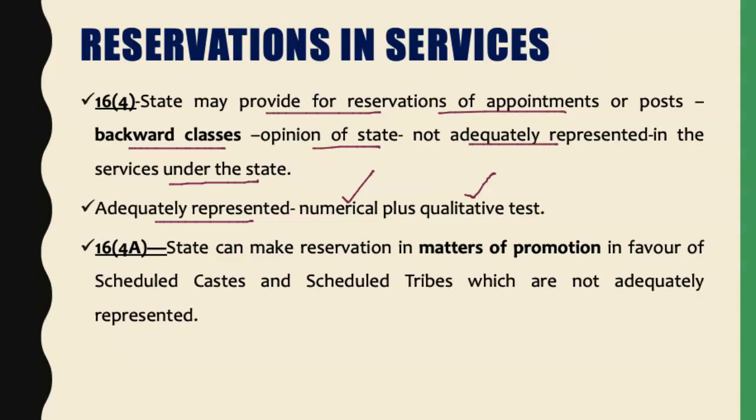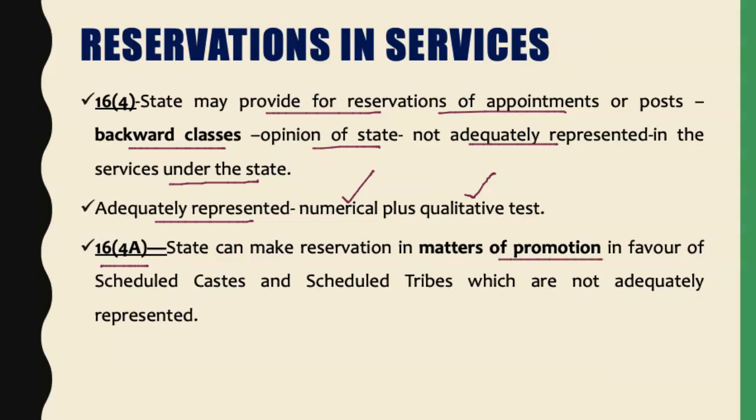So अब आपके आते हैं 16.4A पे, जो कि बहुत ही important provision है which was added in your constitution by the 77th Amendment Act 1995. So ये basically बात करता है nothing in the article shall prevent the state from making any provisions for reservation in matters of promotion.